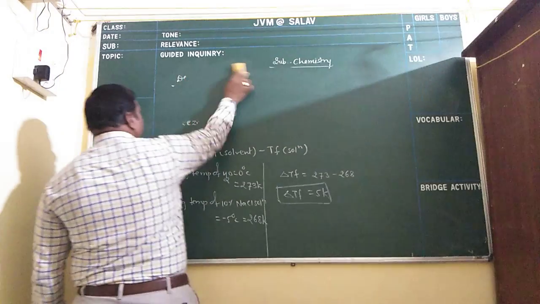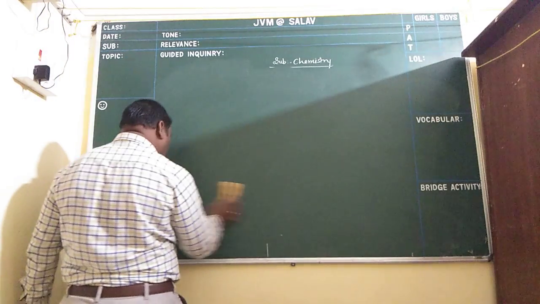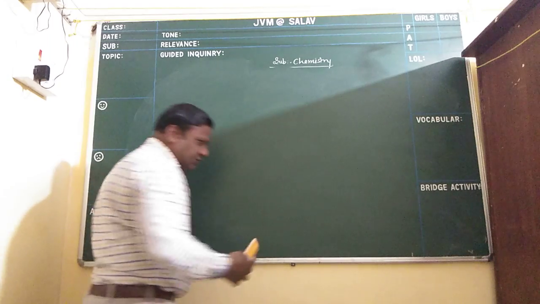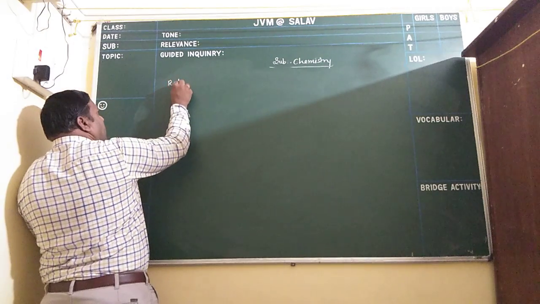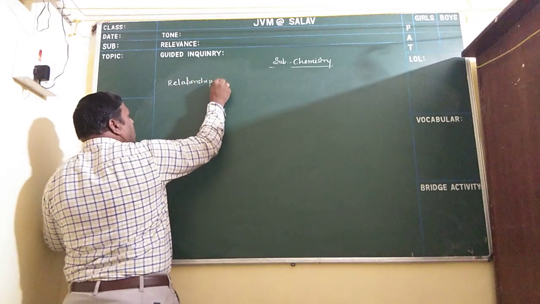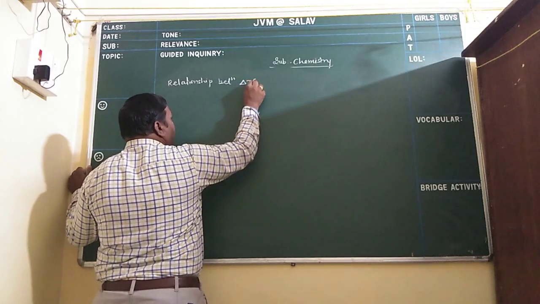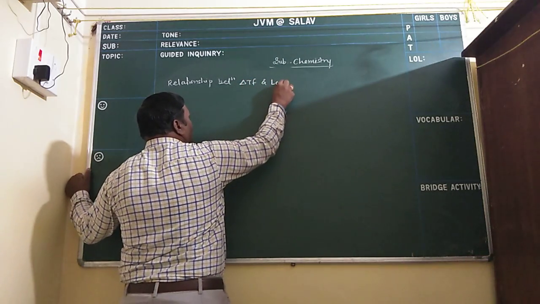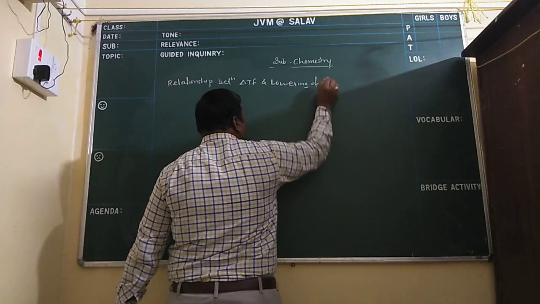Now the next thing is the relationship between del TF and the lowering of vapor pressure.